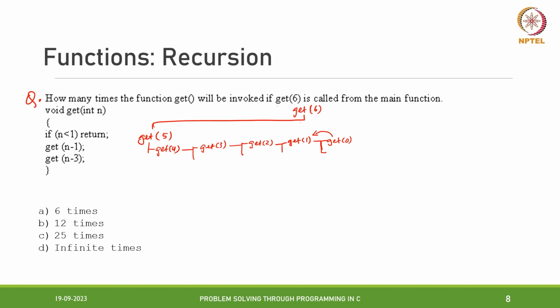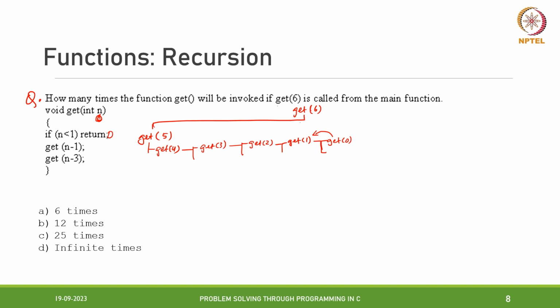So when you are running get of 1, say I put n equals 1 here. What happens? This condition is not satisfied, so I call get of 1 minus 1, that is get of 0, right? When I call get of 0, this n is now less than 1, so it will simply return 0.